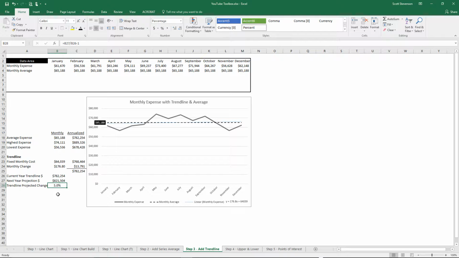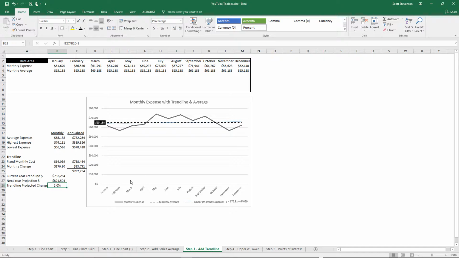Now, will it continue? I don't know. But at least there's a basis for making that projection, saying it's unlikely that it's going to stay flat because we are seeing a trend upward. What's causing that trend upward? Could be consumption, could be pricing, but it's certainly existing within the data itself.